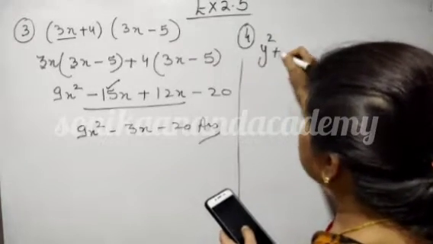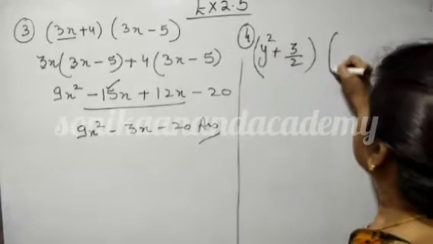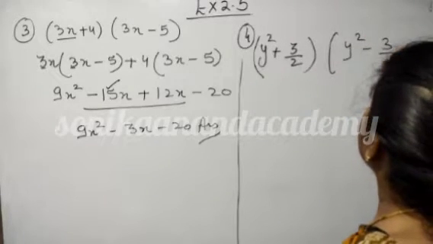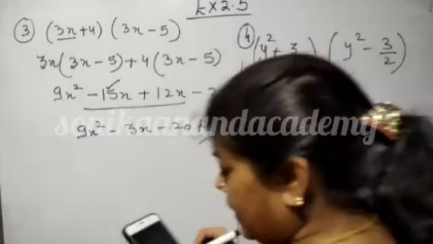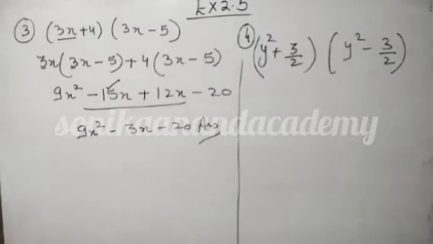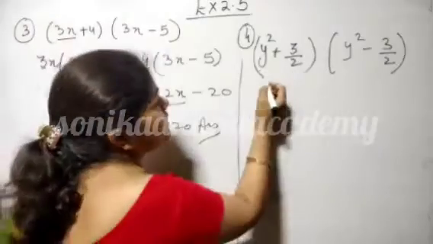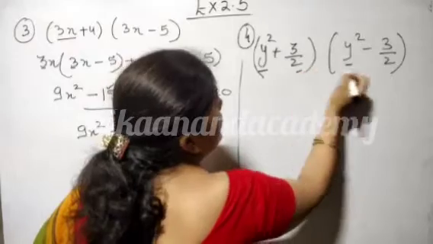Now the fourth part of question number 1, (y square plus 3 by 2) into (y square minus 3 by 2). Now I'm going to tell you, you can do these questions also with the help of identities. You can see y square, 3 by 2, 3 by 2.